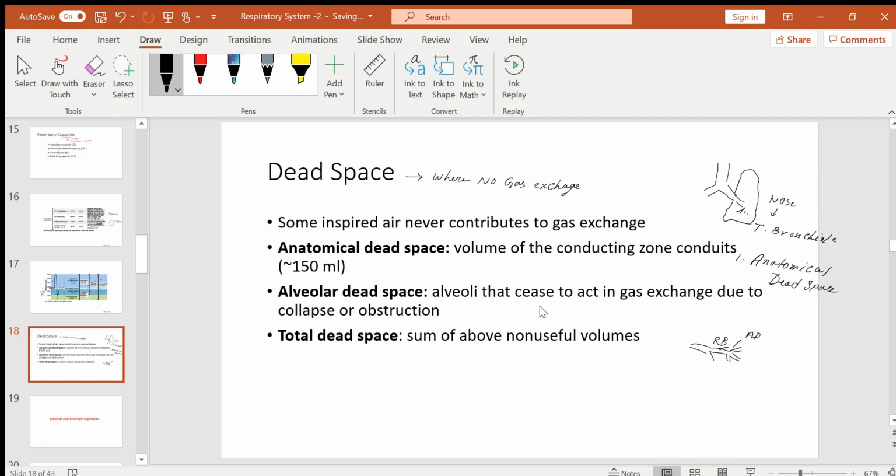You remember? Okay. So now, if a blockage occurs here, then what will happen? These alveoli will not get any gas. However, these alveoli will still get gas because these ducts are open. Only this duct got blocked.